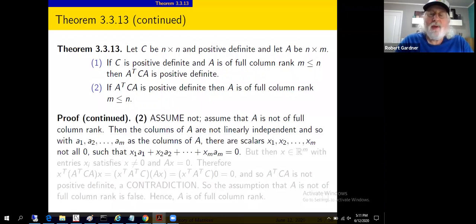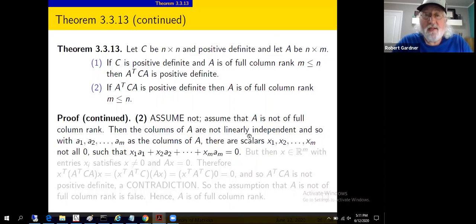Next, the converse: if A transpose CA is positive definite, then A is of full column rank. Full column rank means the columns are linearly independent. Well, suppose not. We're going for proof by contradiction. Assume that A is not of full column rank, then the columns of A are not linearly independent.